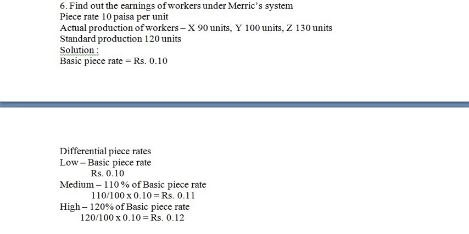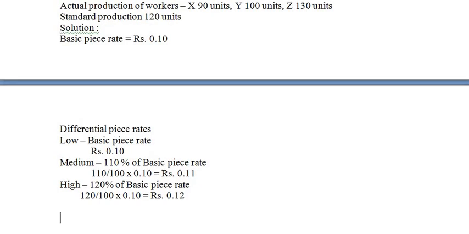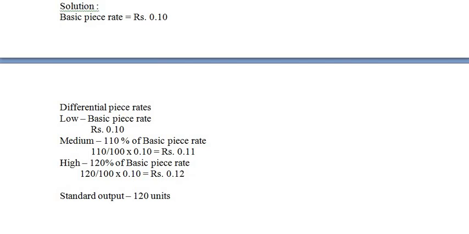Now next we will have to find out standard output. Again go through the problem to see whether they have given standard output. Standard production they have given is 120 units. Next we need to find out the percentage of efficiency.